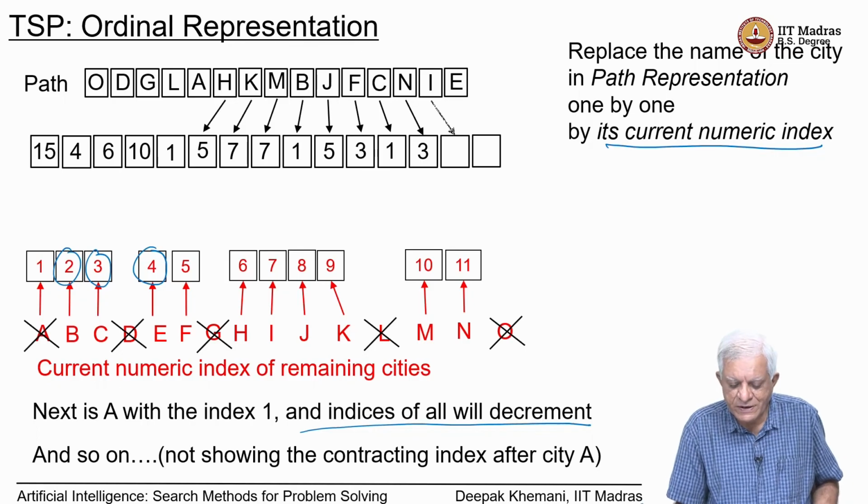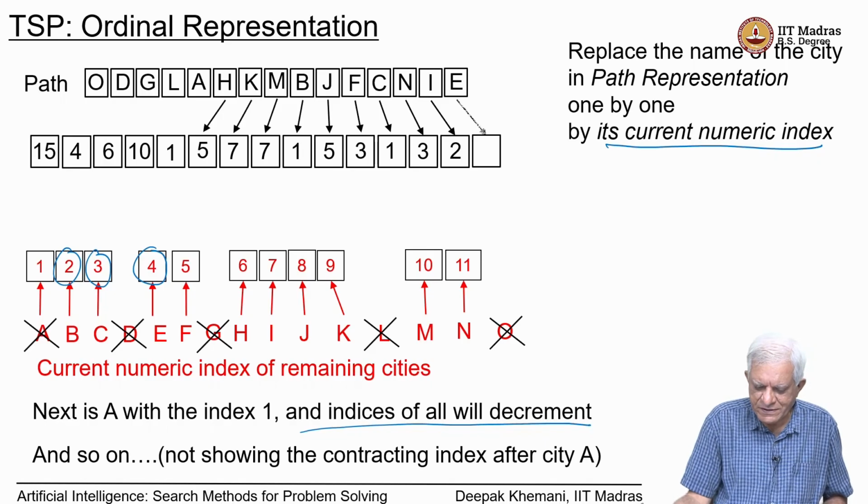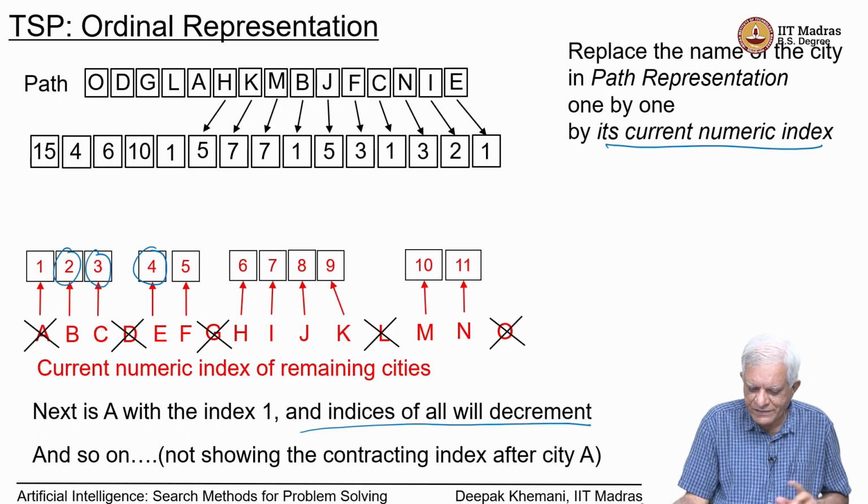Eventually, of course, it has to end with 1, because by then only one city is left in the index essentially. So, this is the ordinal representation, and you must practice this, and you must figure out how to write a program to convert a path representation into an ordinal representation.